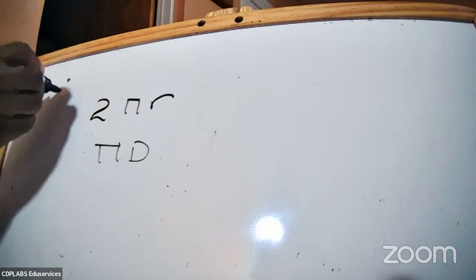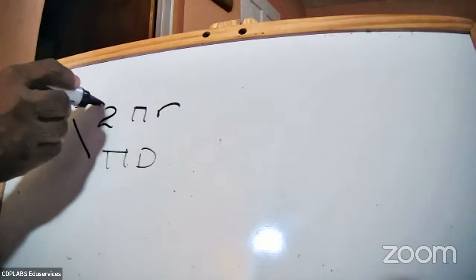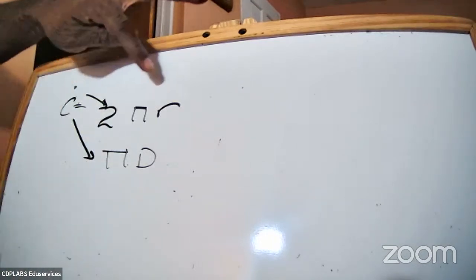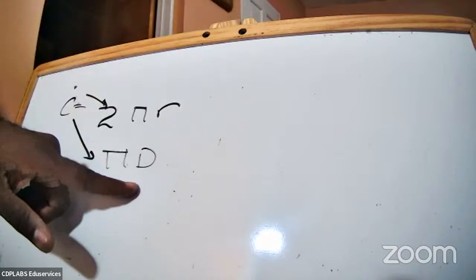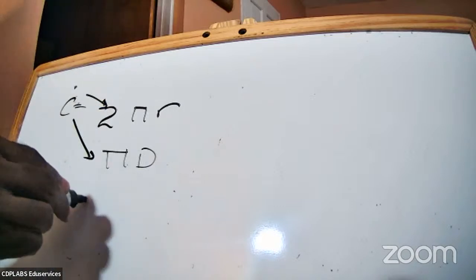And I'll teach all this in the video. 2 pi r and pi d give the circumference of the circle. So C, which means circumference, is equal to either one of the two. You use this one if you are given the radius, but you use this one if you are given the diameter. We are given the diameter, so we don't need the top one. So pi is 22/7 again.